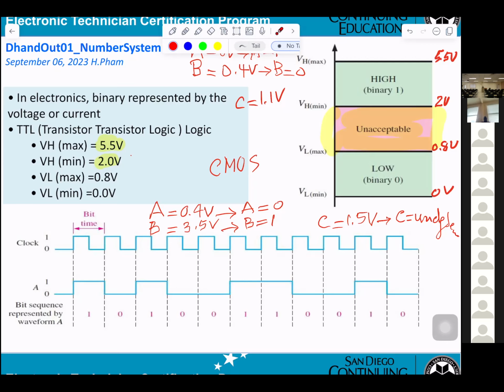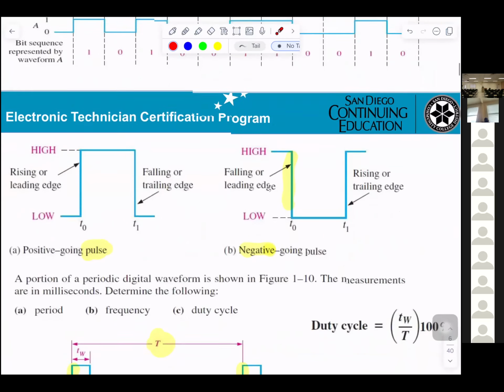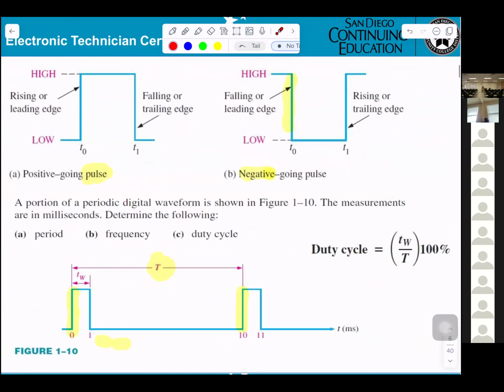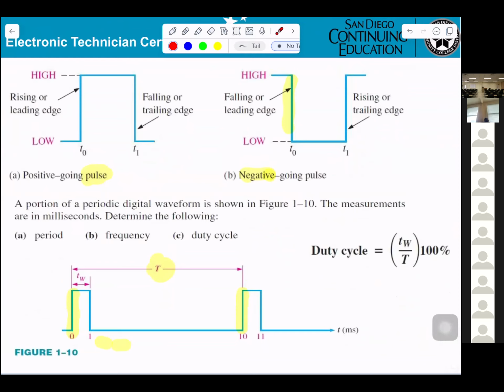Also, they can select a bit sequence represented by a waveform. You get one high, go low, high, low, low, high. That means a different signal. Now you can see only one: low, 0, high, then back low. That's what they call a positive going pulse.